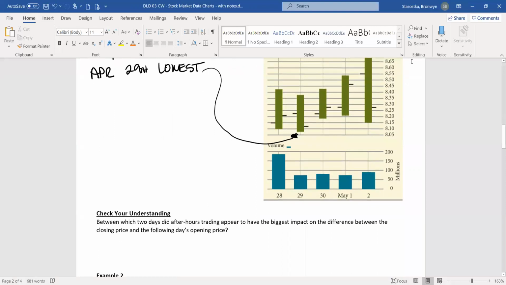For the check your understanding, between which two days did after hours trading appear to have the biggest impact on the difference between closing price and the following day's open price?